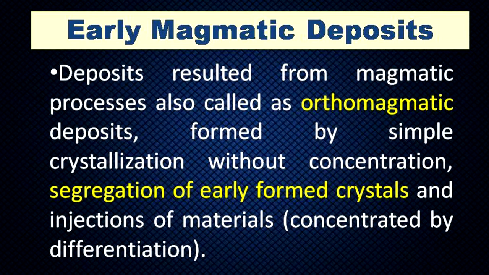These two terms are interchangeable. These orthomagmatic or early magmatic deposits are formed by simple crystallization, concentration, segregation of early formed crystals and injection of materials concentrated by differentiation. They form early magmatic deposit.